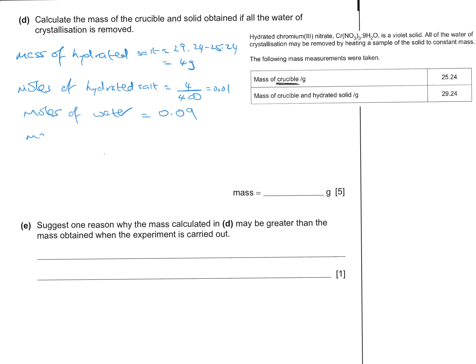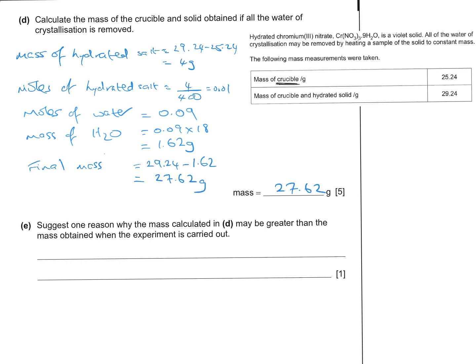So the mass of water is 0.09 times 18, it's just the MR, and that equals 1.62 grams. So now what we can do is subtract this from the mass of the crucible and hydrated salt. That works out to be 27.62.